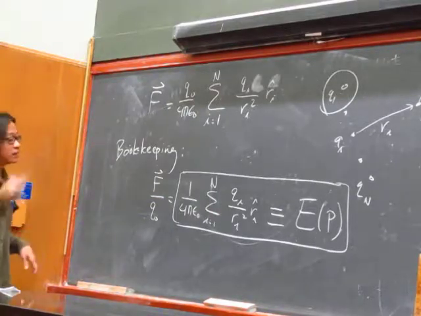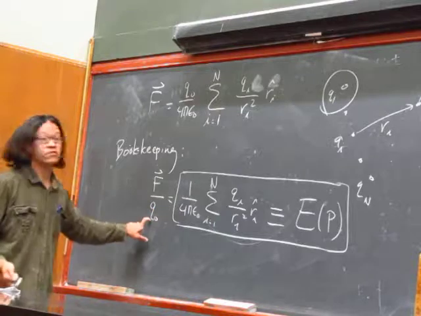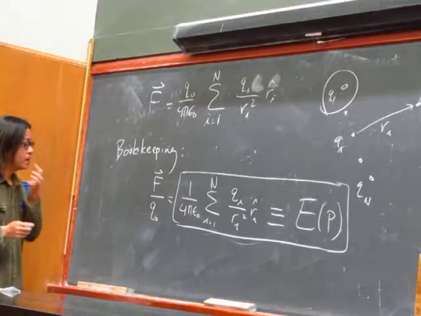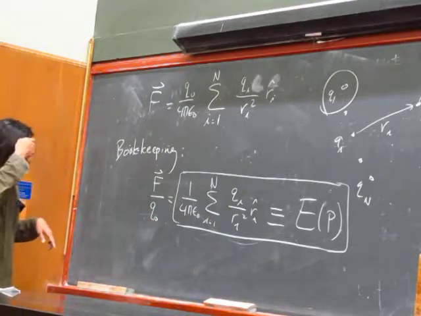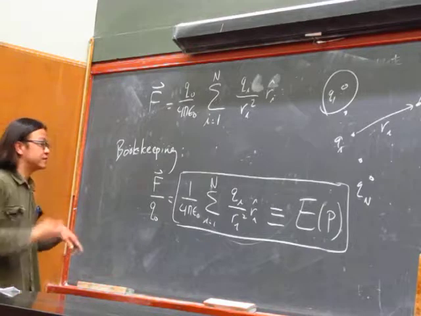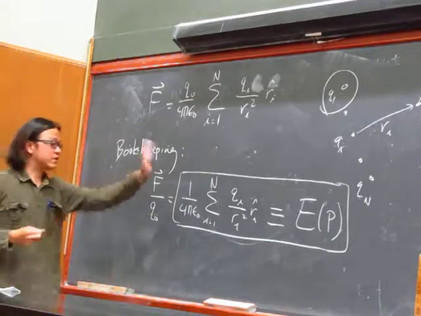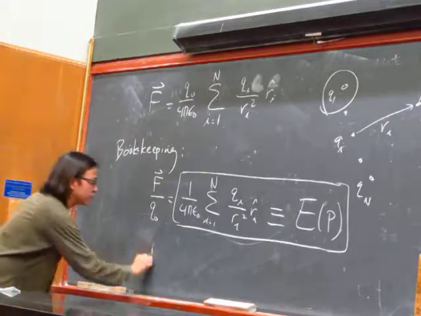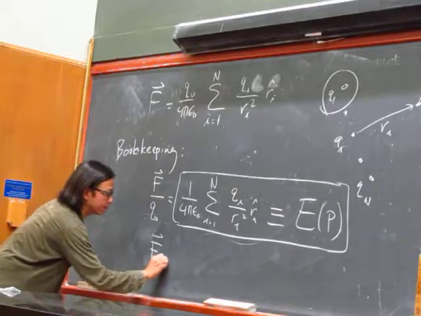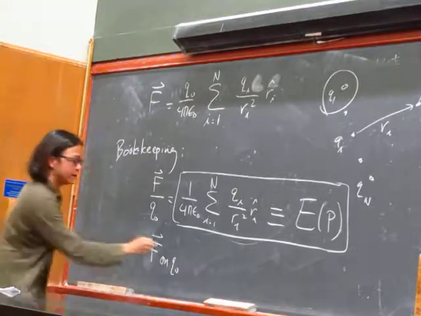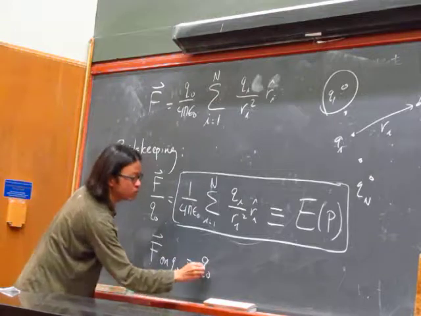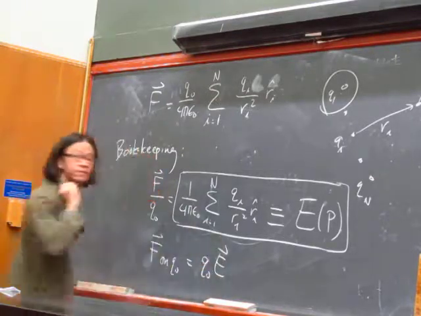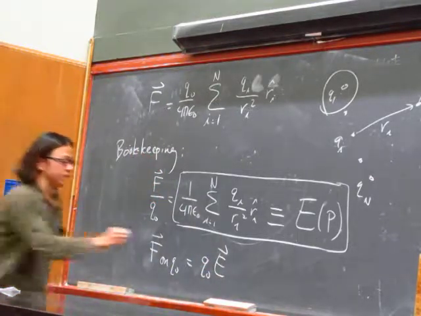Some books go into the technicality of making sure that Q naught goes to 0, but that's moot. What matters is that for now, just take it as bookkeeping. So the force on Q naught is then just Q naught times that electric field at P.